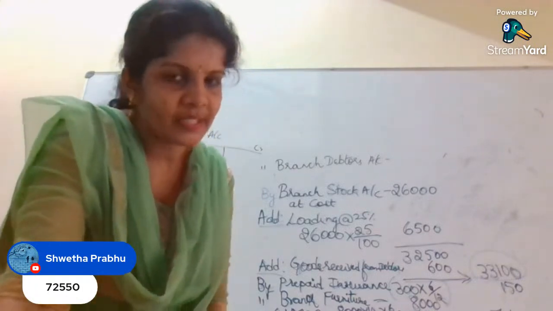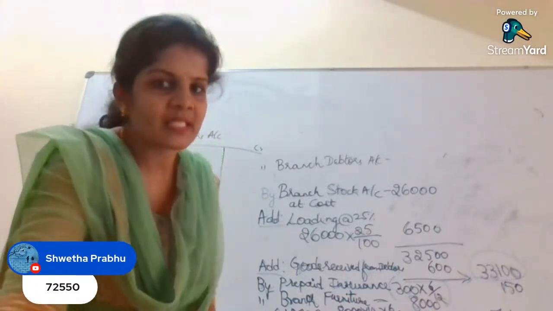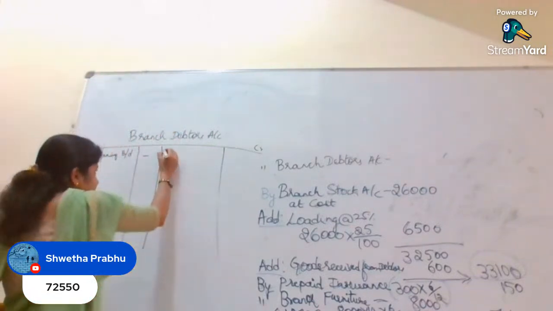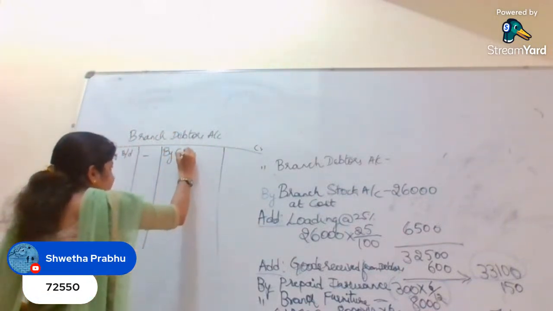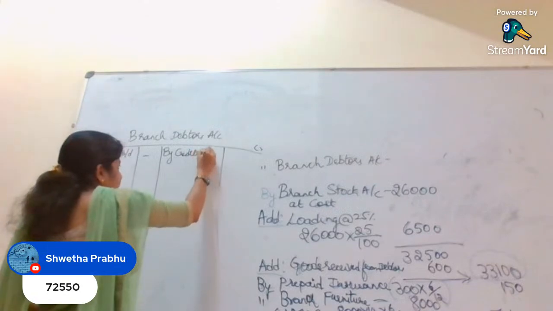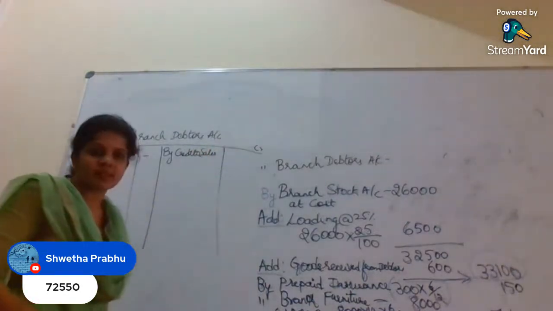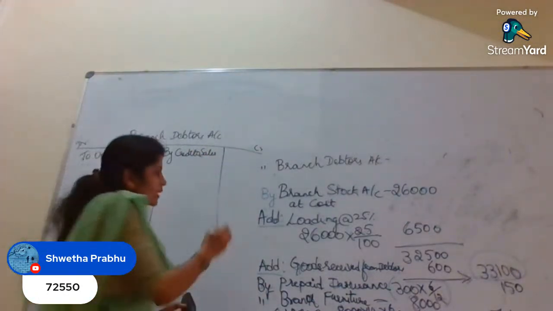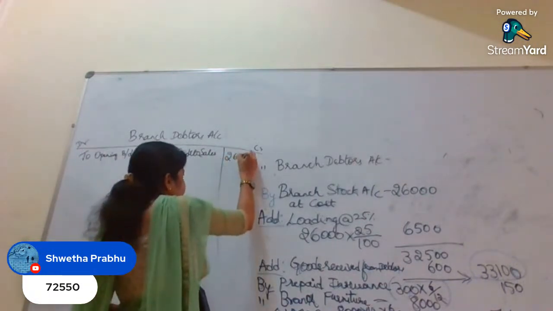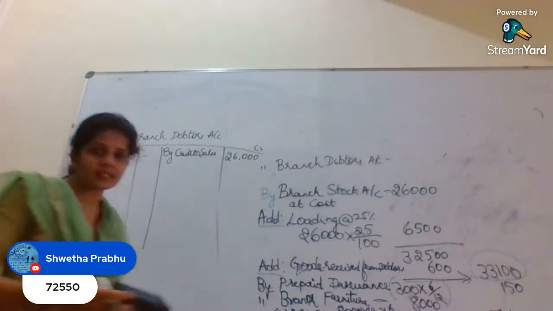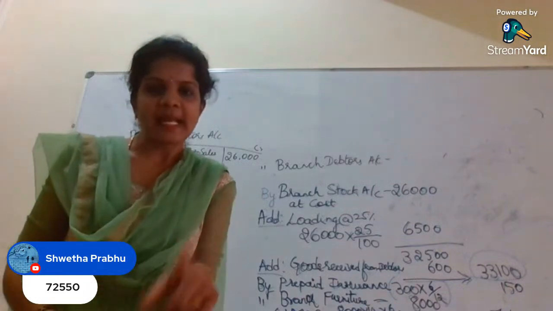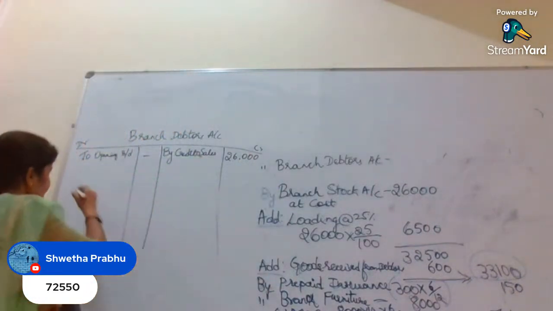Cash sales is not relating to debtors. Credit sales for 6 months they have given. This will be entered as by sales. How much is the sales amount? 26,000. So there is a sale of 26,000 and cash received from debtors.